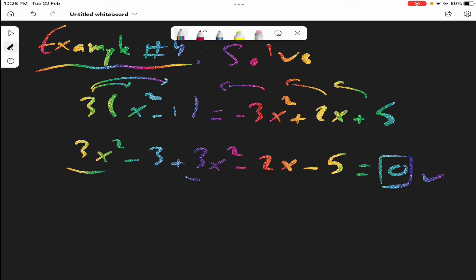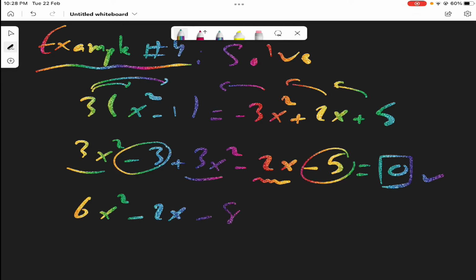Combine like terms. 6x² minus 2x, negative 3 and negative 5 is negative 8, equal to 0.